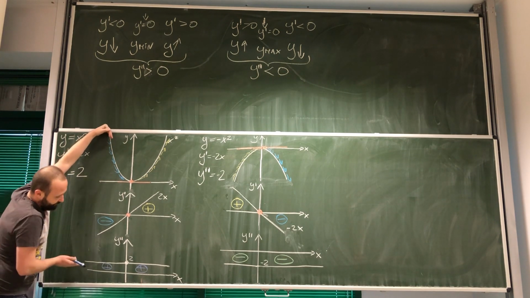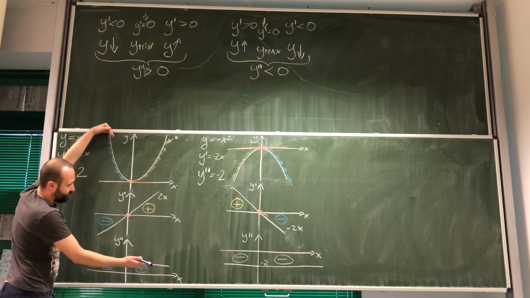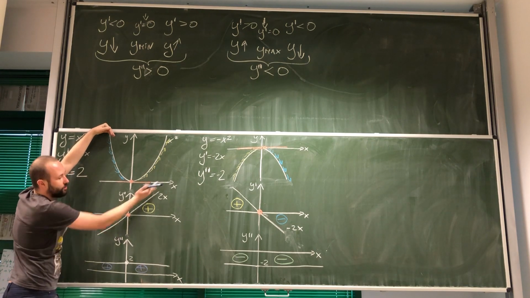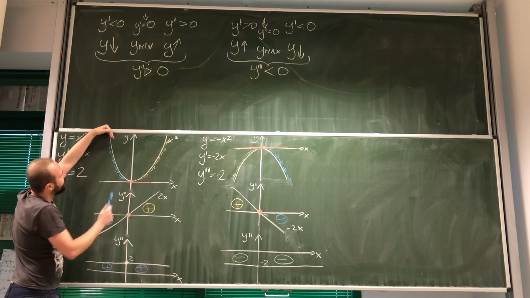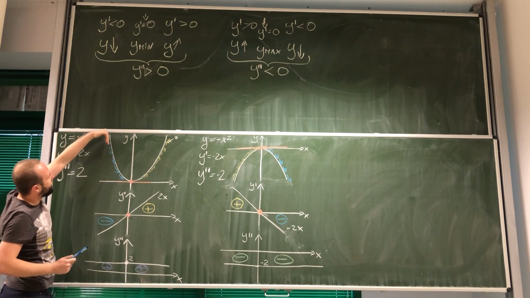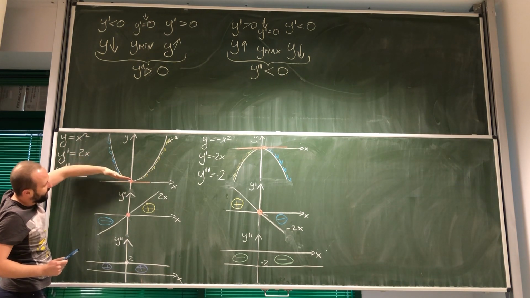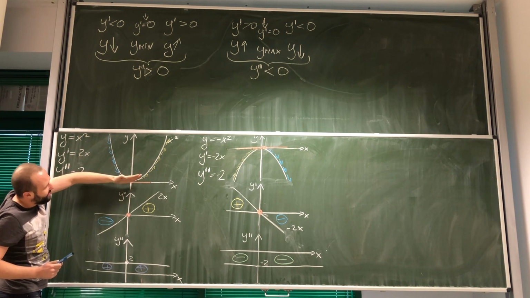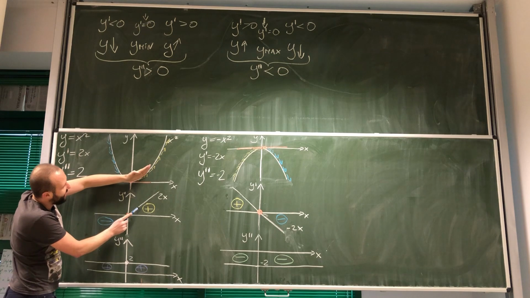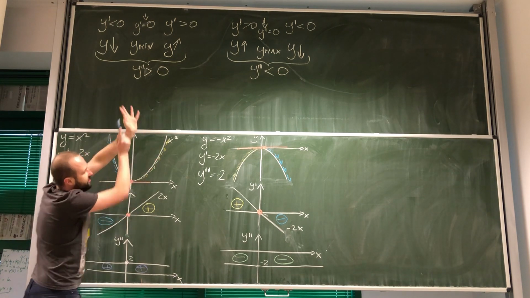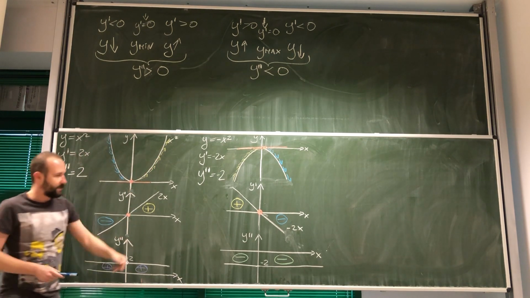But look, as we have a positive second derivative, we must have an upward sloping first derivative. So as x is getting bigger, we see that this function is declining, but it's declining slower and slower. It reaches 0, and then it starts to increase, and it increases faster and faster. And the same is over here.